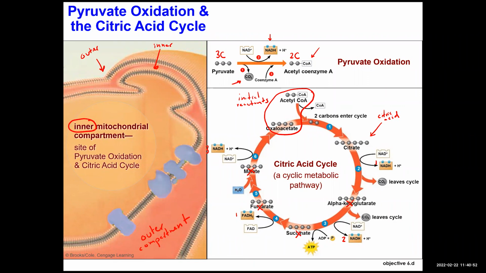Yes, we do. So we're going to make an ATP down here. What is our end product this time? So we're going to make all these things, but what is our ultimate end product?